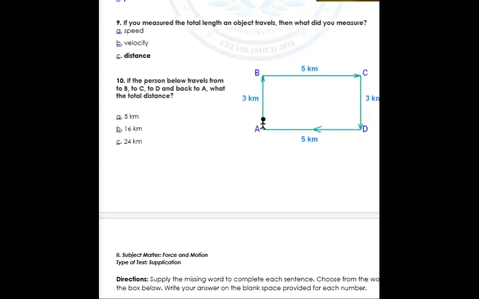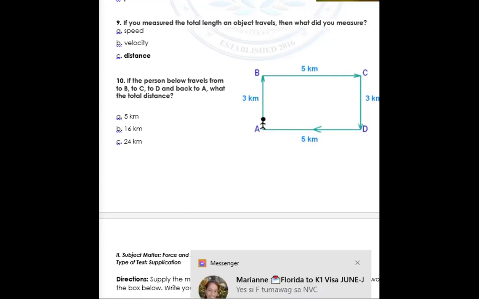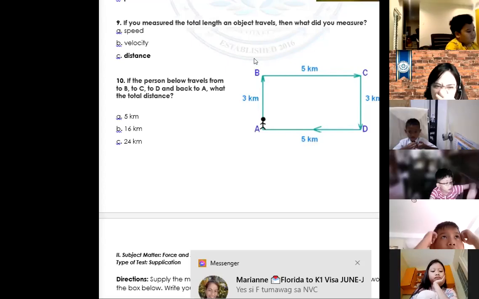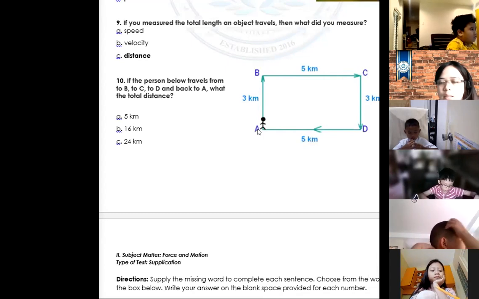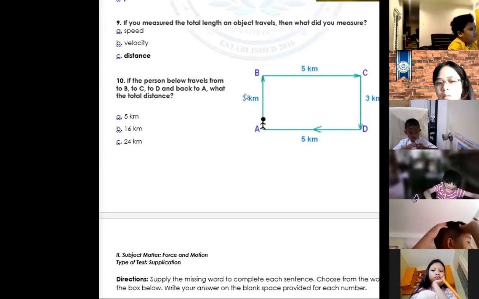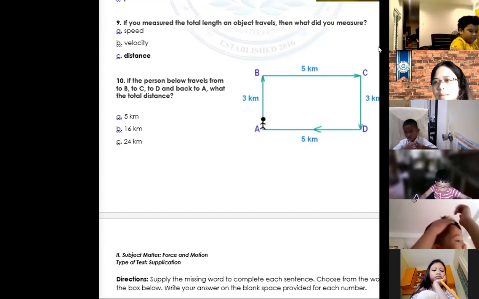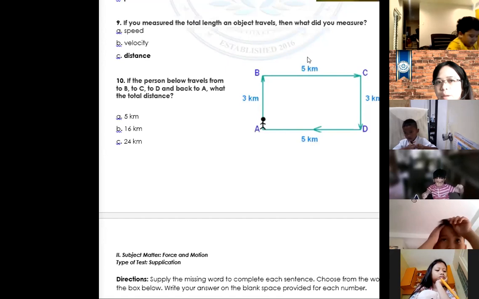Now, some of your classmates are confused. How did you get the letter B answer? All the distance. Yes, you must get the total distance. From A to B you have 3 kilometers, and then from B to C, you have 5.